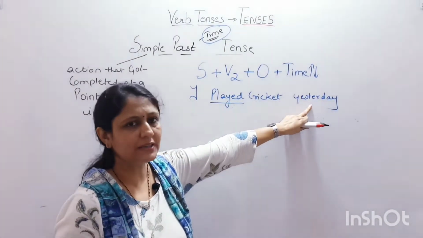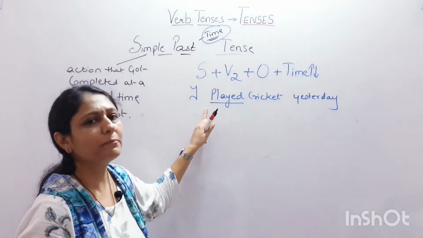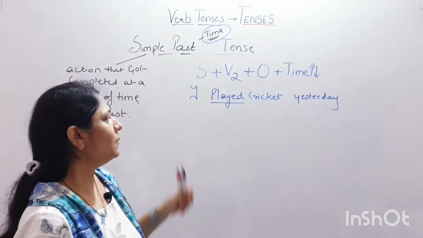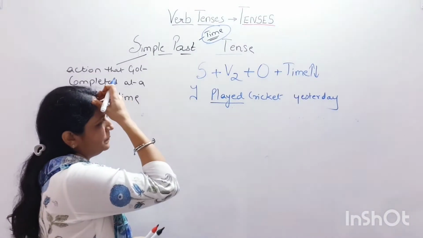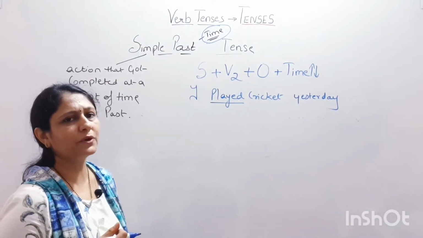If there is a past time mentioned in the sentence, you will fill the verb played over here. I played cricket. Now let's take another example. मैंने अपने last 2 videos में आपको क्या पढ़ाया था?